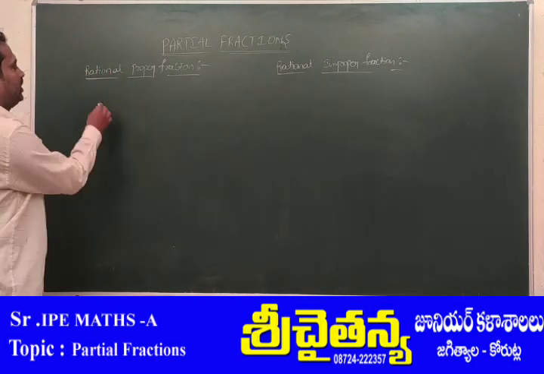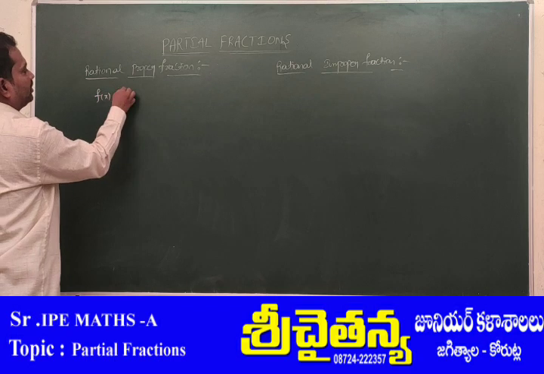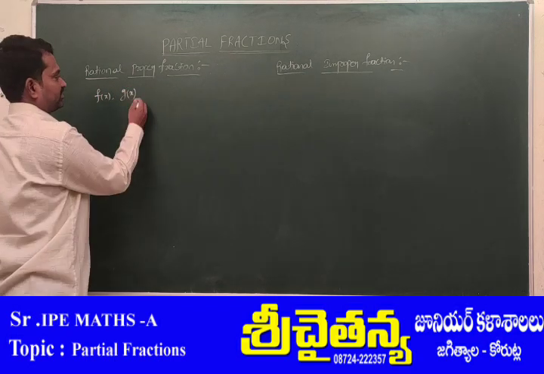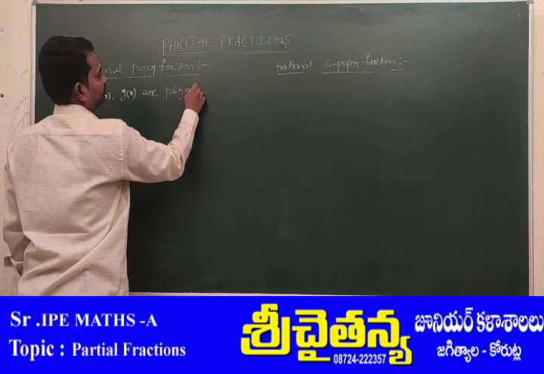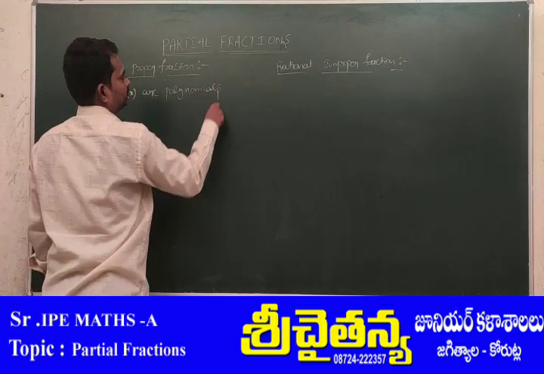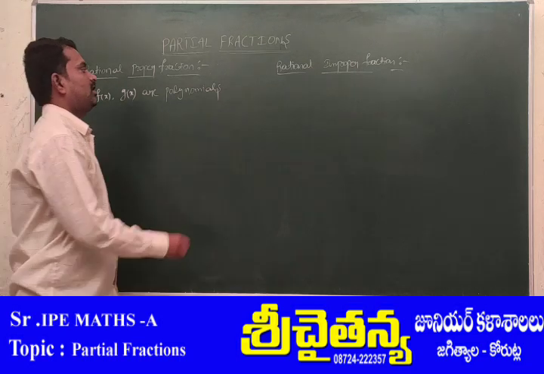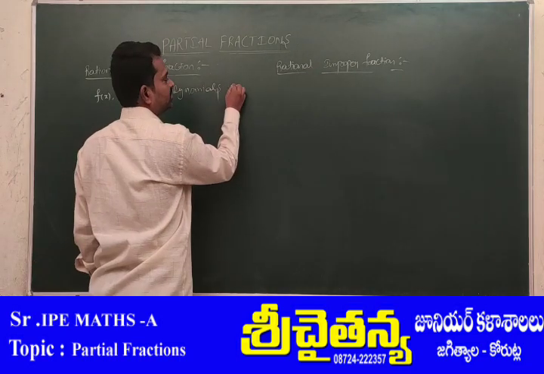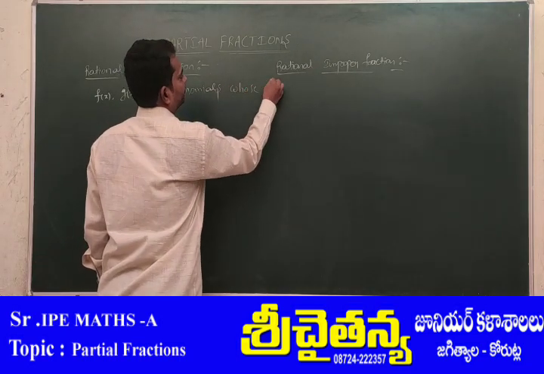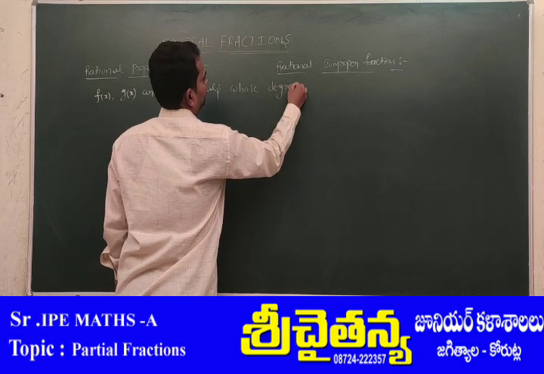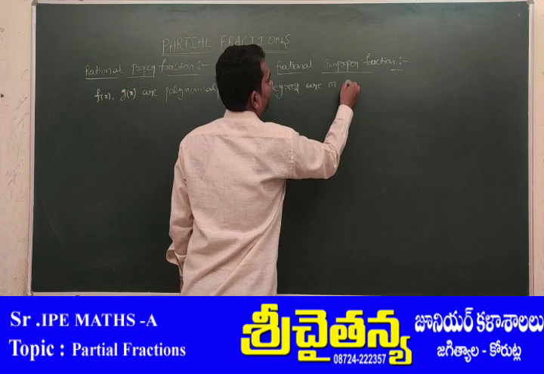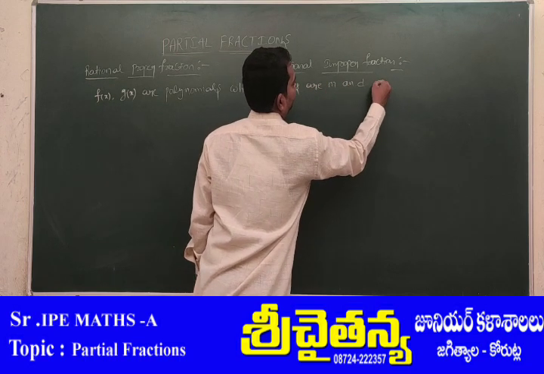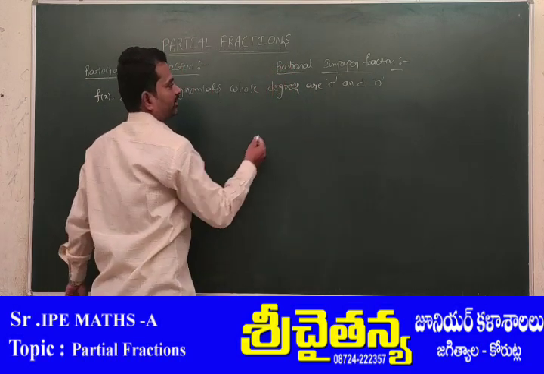First of all, f of x and g of x are polynomials whose degrees are m and n respectively.